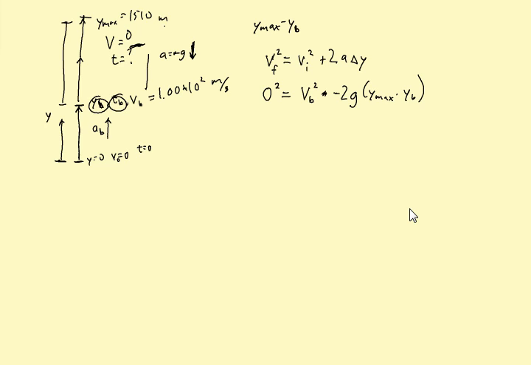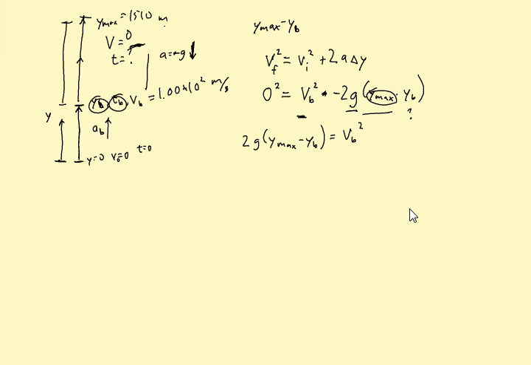What we're trying to find here is, we know y max, we know g, and we know velocity at burnout. What we're trying to find is y at burnout. So we can rearrange the equation a little bit. 2 times g times y max minus y sub b equals v sub b squared.